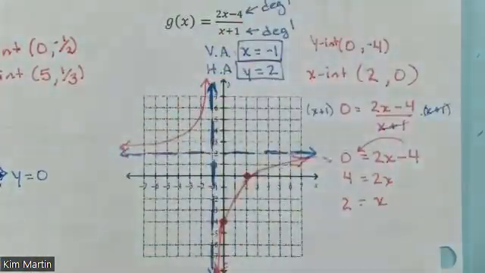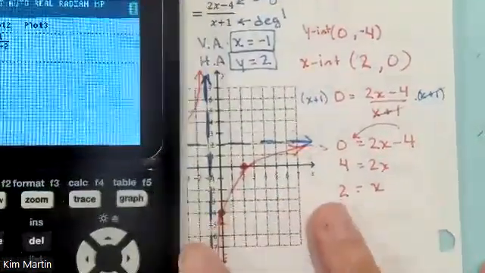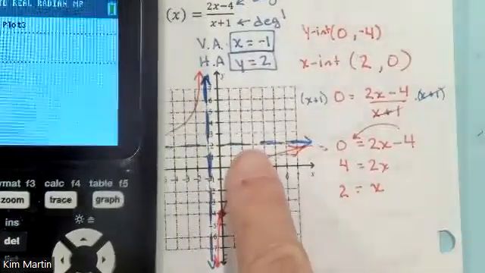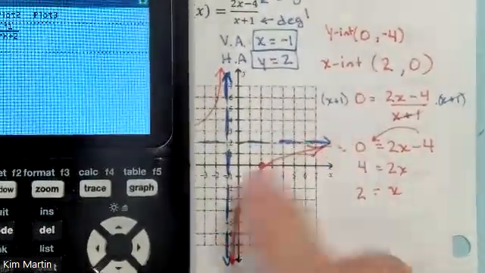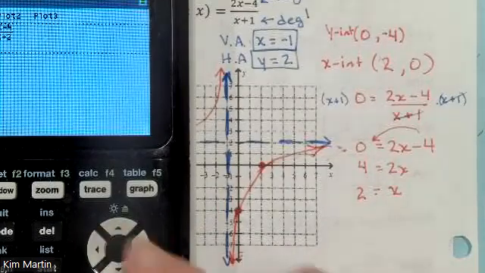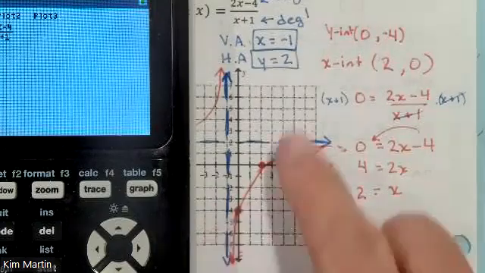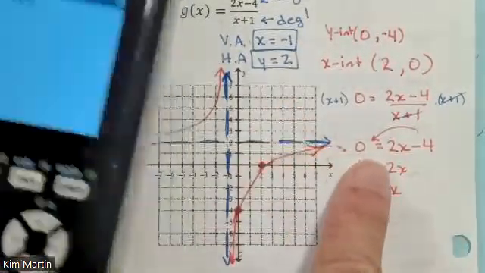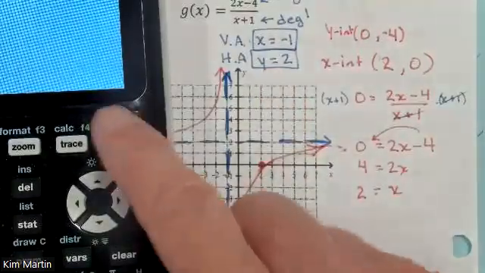Now, you could graph it, and I'm going to go ahead and put in my asymptote also. If I graph this, this was 2x minus 4 on the top and x plus 1 on the bottom, and we have a vertical asymptote and a horizontal asymptote at y equals 2.